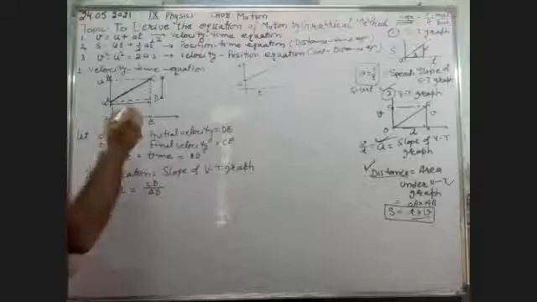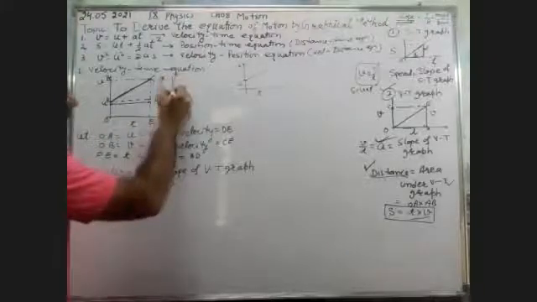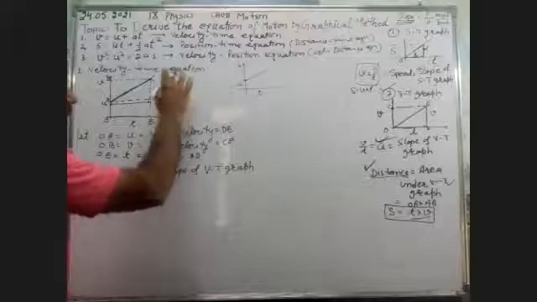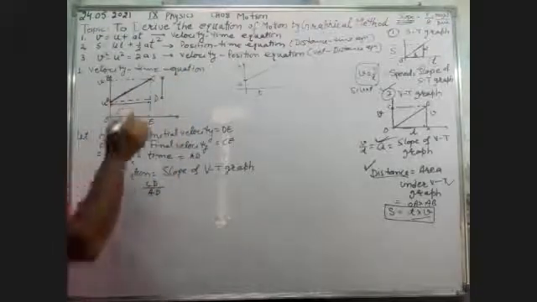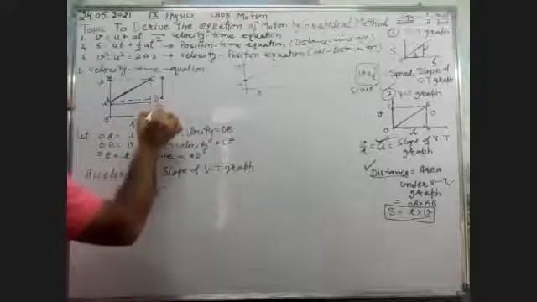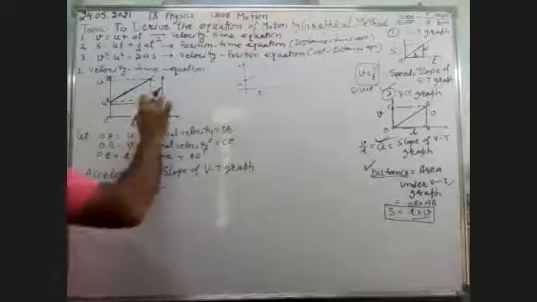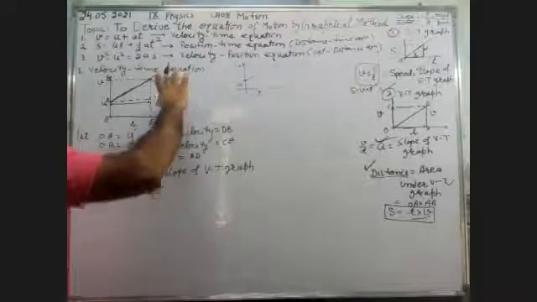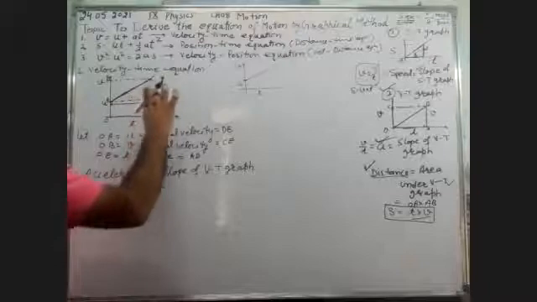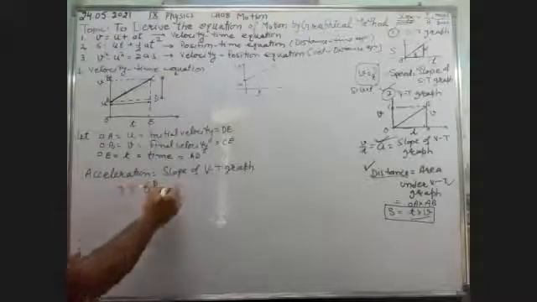So what is CD? Look carefully, what is CD? The whole value is V. From here to here, it is V. And from here to here, it is U. If I subtract this small value from the whole value, we will get CD. I can also write this.